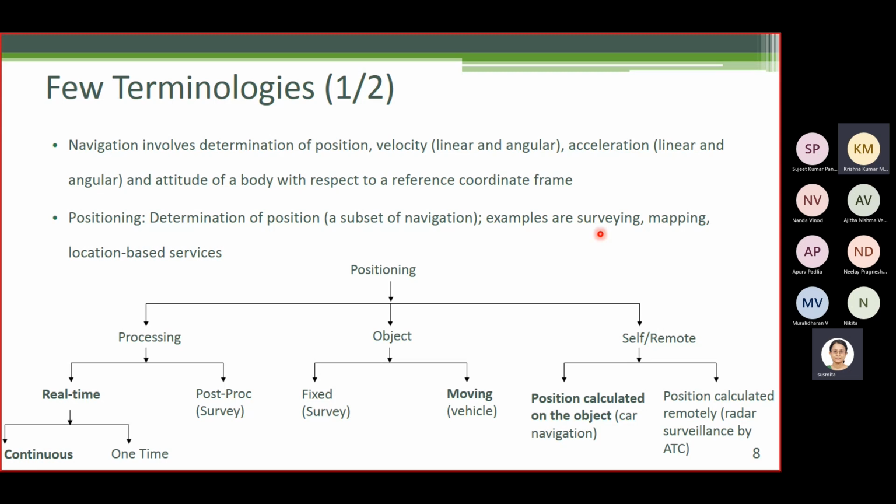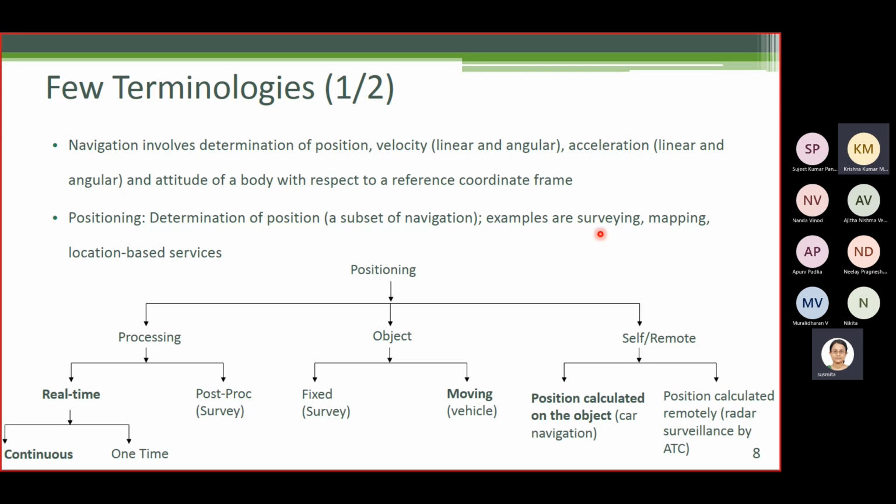For that, GNSS is used because GNSS gives your current location, and based on it, all the places are shown. Such services provided based on your location are called location-based services. Here you are interested in only position, not velocity, acceleration, or attitude. So positioning is basically a subset of navigation.